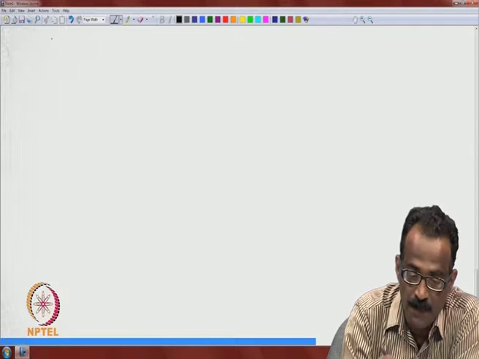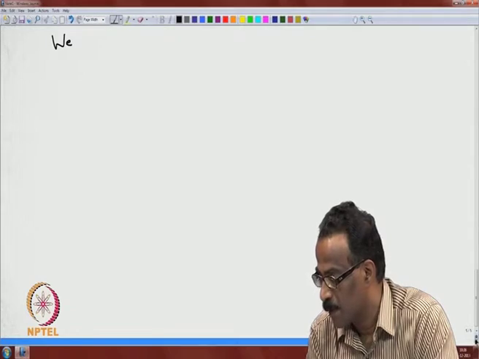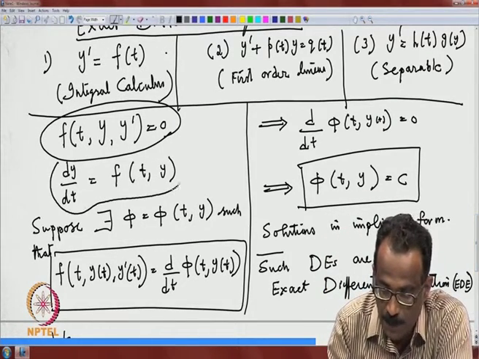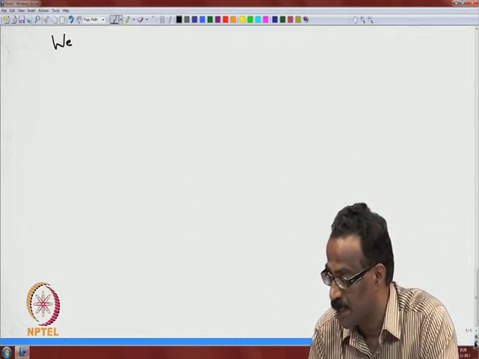We consider a slightly more general equation than the previous one, where the multiplying factors are also taken into account.